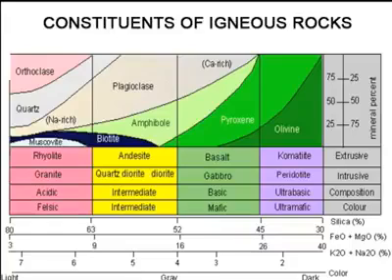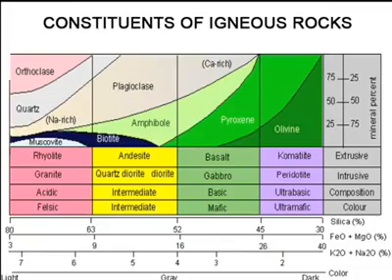Pyroxene and olivine predominate in mafic rocks, of which the intrusive gabbro and extrusive basalt are the more common representatives. In their chemistry, felsic rocks include more sodium and potassium, while in mafic rocks, iron, magnesium, and calcium are the principal constituents.